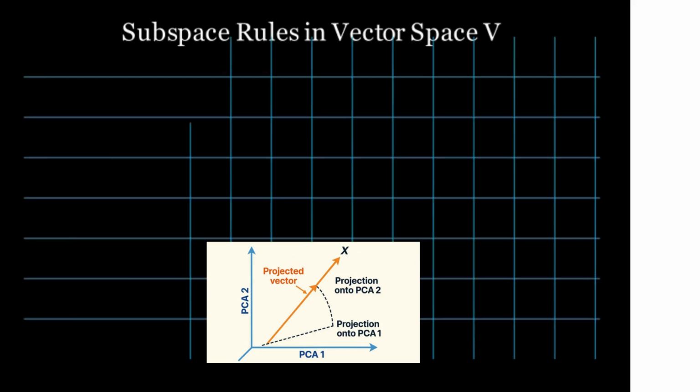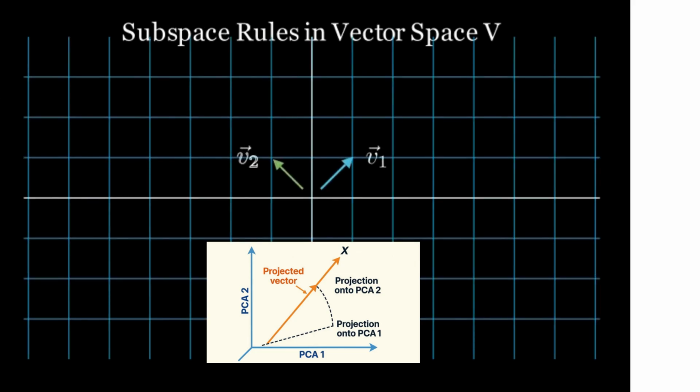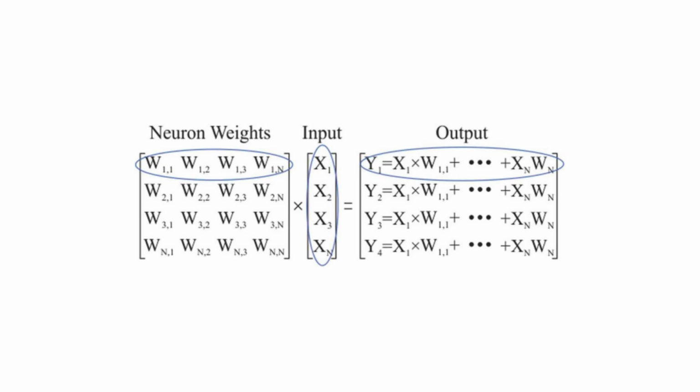You can imagine this as multiplying weights with inputs. If you take several vectors and scale them by different weights and add them together, the result should still lie inside the same space. That's what I mean to say.